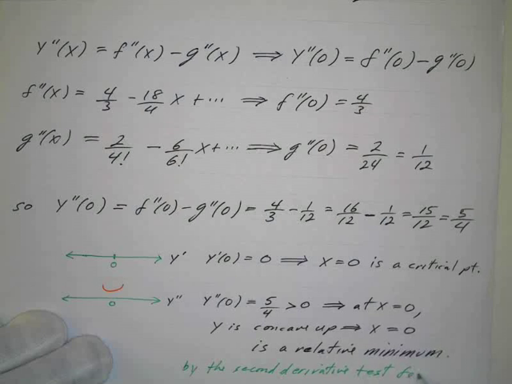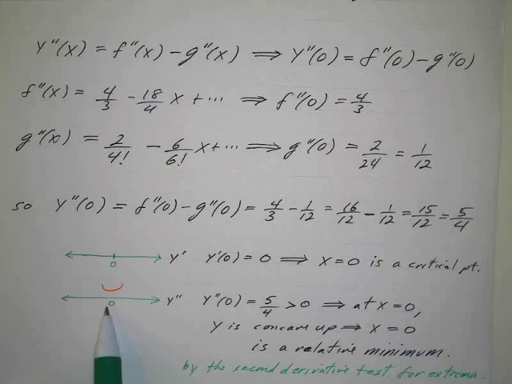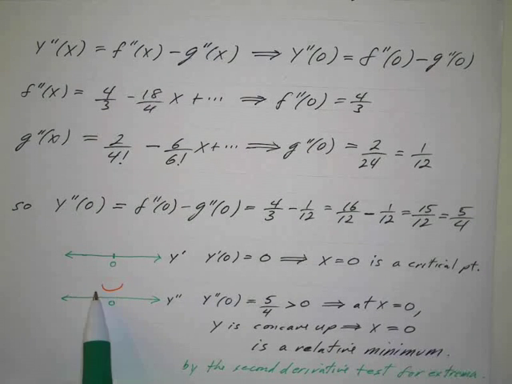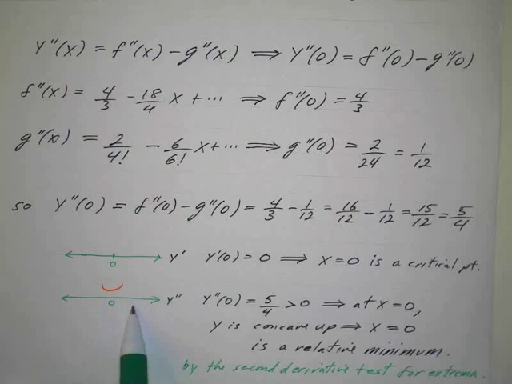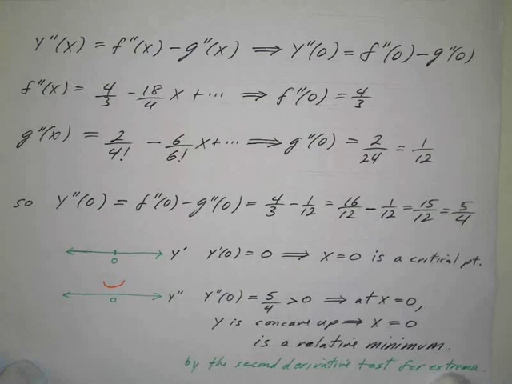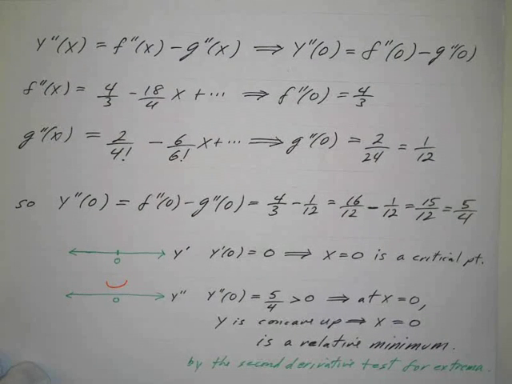Remember the second derivative test: we use the critical point and we check for concavity. If we have a critical point and it's concave up, it's a minimum. If it's concave down, it's a maximum. So we have a critical point, it's concave up, so therefore we have a relative minimum.